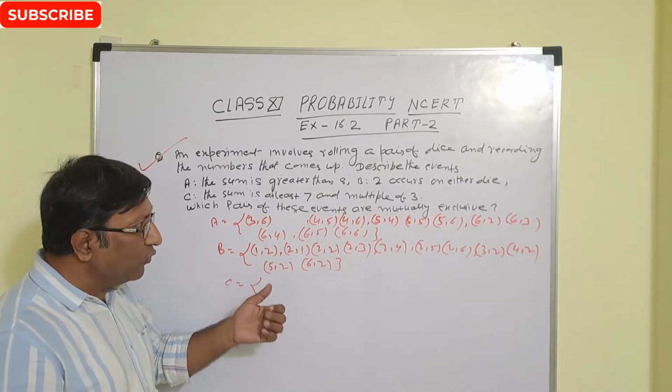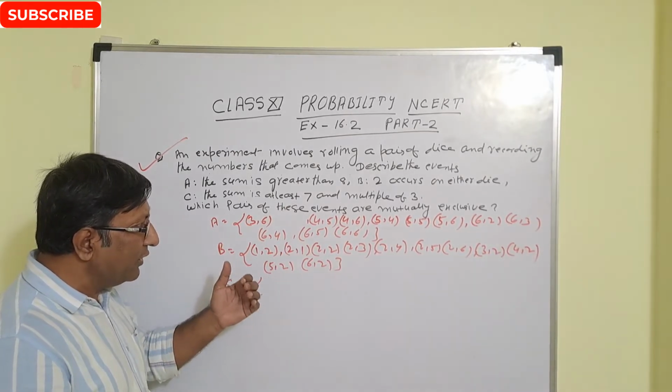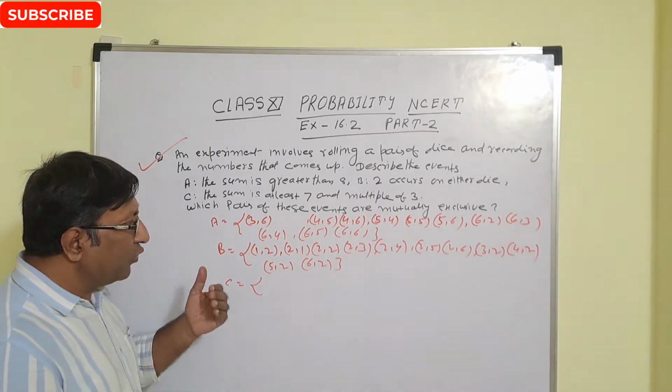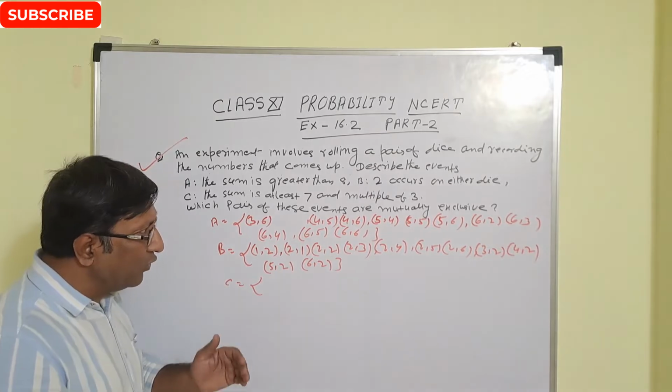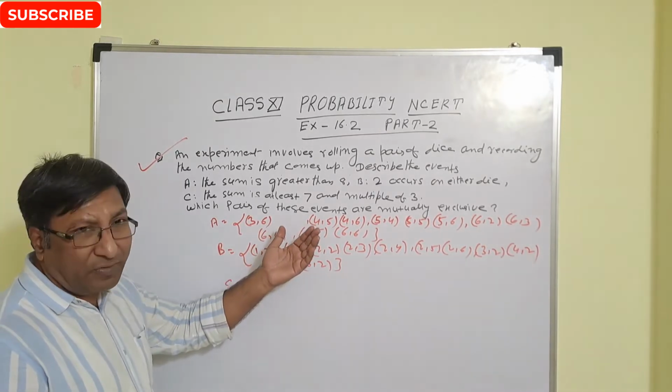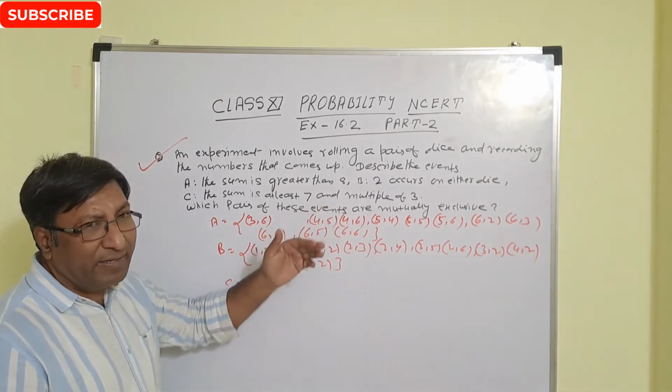So again go for 2: 2, 1, 2, 2, 2, 3, 2, 4, 2, 5, 2, 6. 2, 6 is 8, not a multiple of 3. So there is no element when the first is 2.